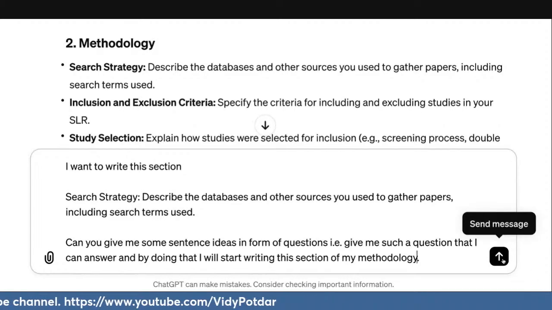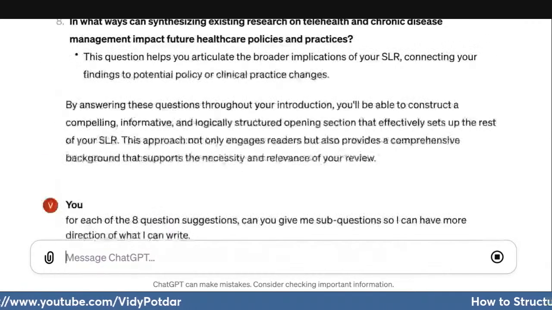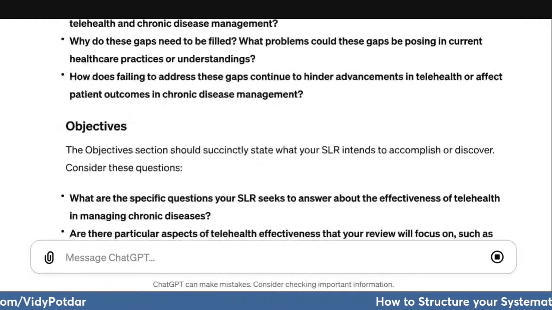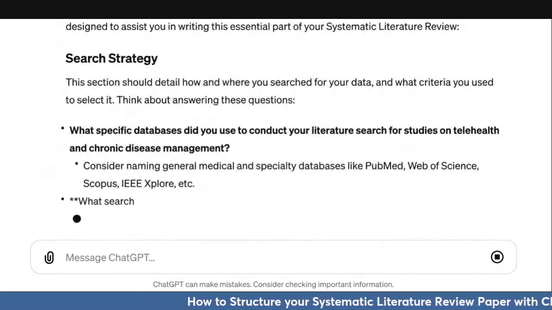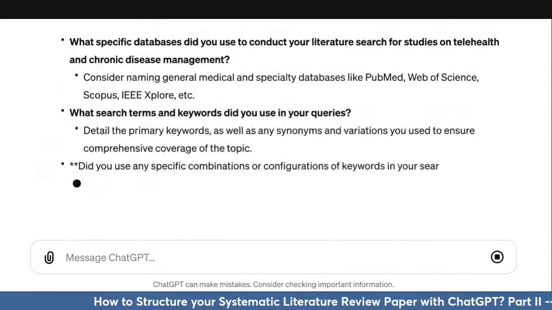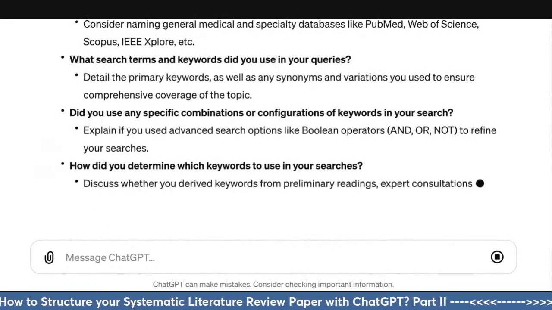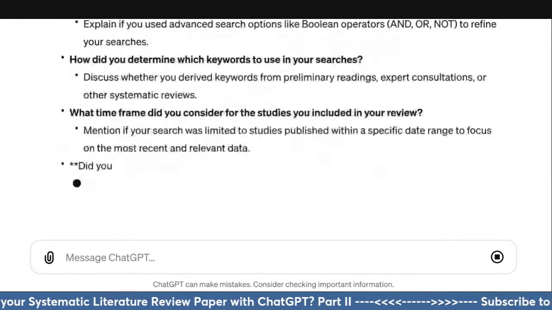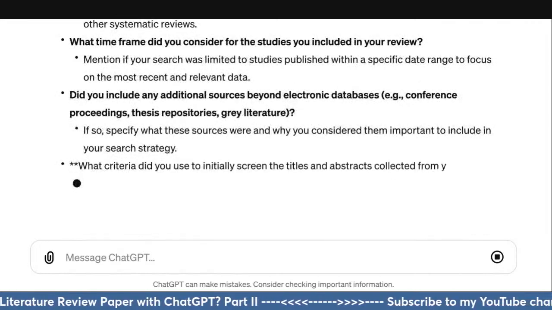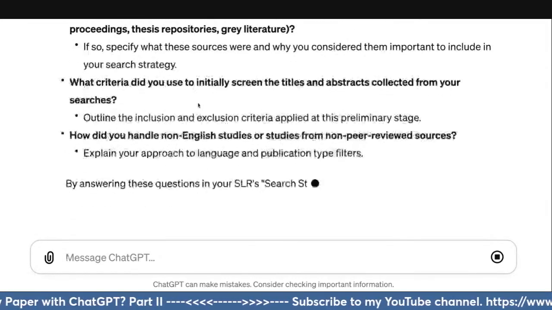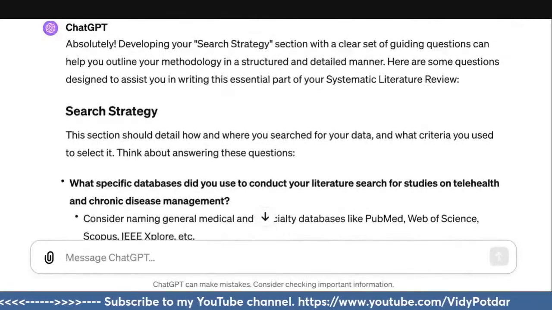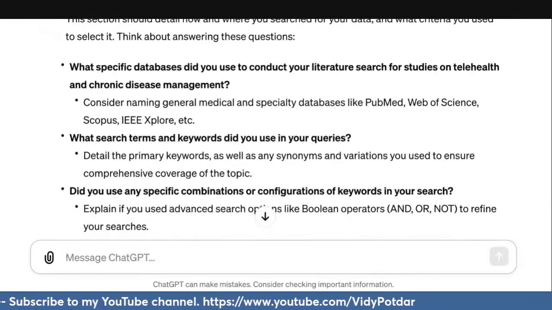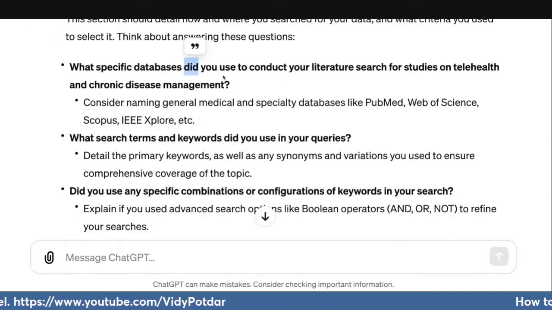And let's see what we get. So it has given you some directions: what specific databases do you use to conduct your literature search?